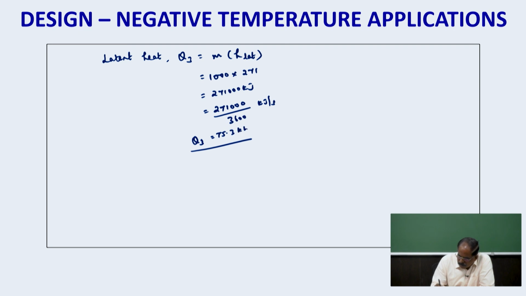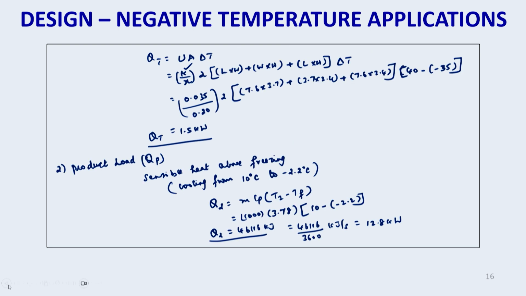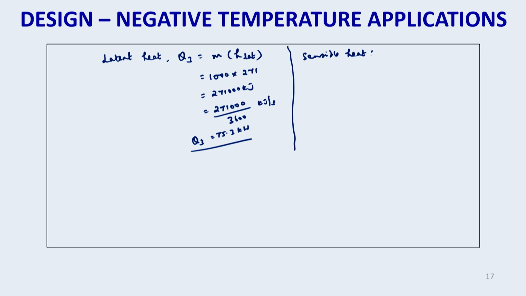3 kilowatts. Next, let us calculate Q4. Q4 is sensible heat below freezing; Q2 is above freezing.